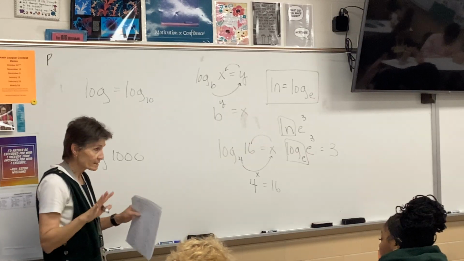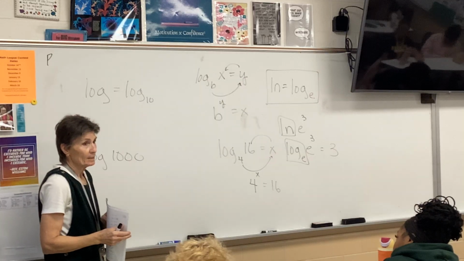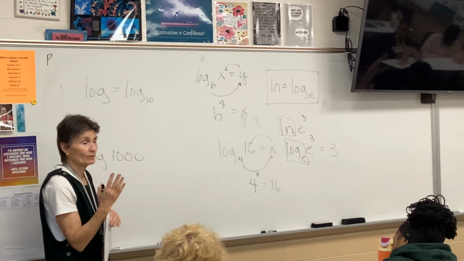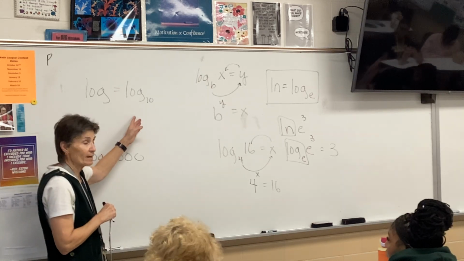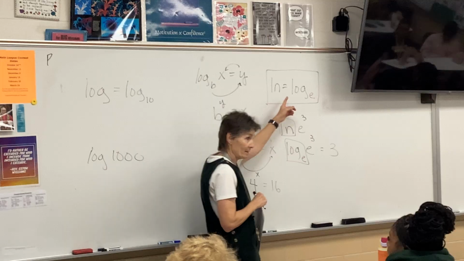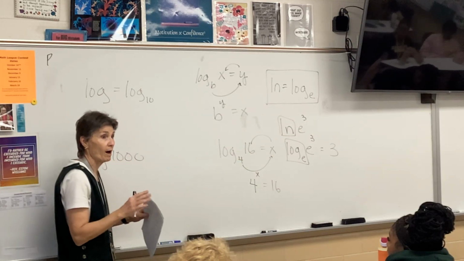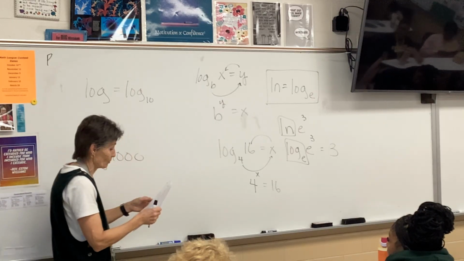Log all by itself is an understood 10. If you remember looking at your calculator, you have a LOG button, and that's base 10. You also have an LN button on your calculator, and that's base e. Those are the two most common. In fact, these are called common logarithms. Those are called natural logarithms.